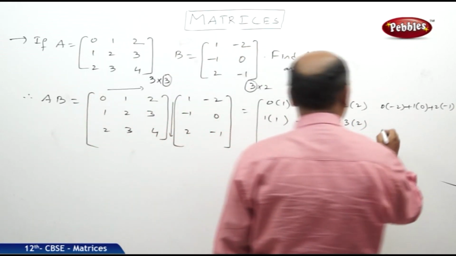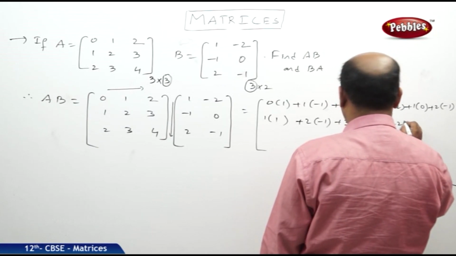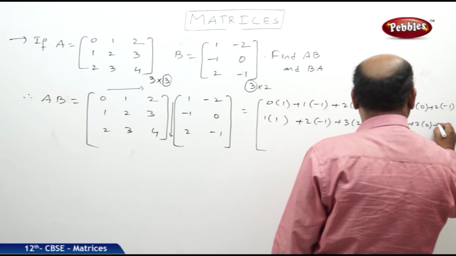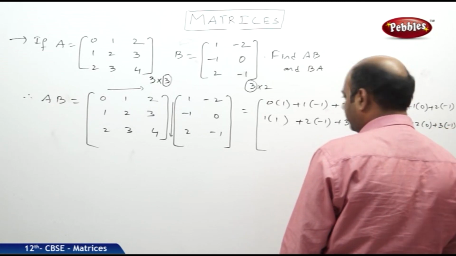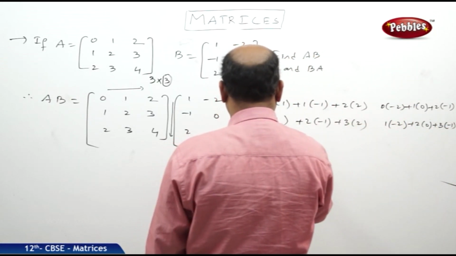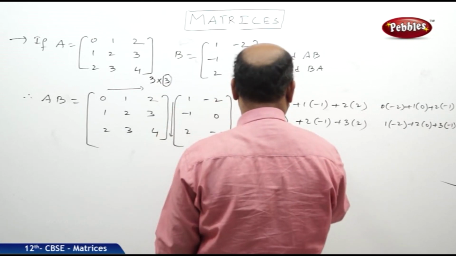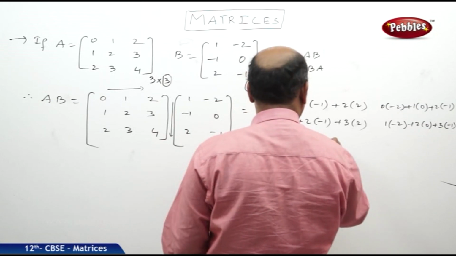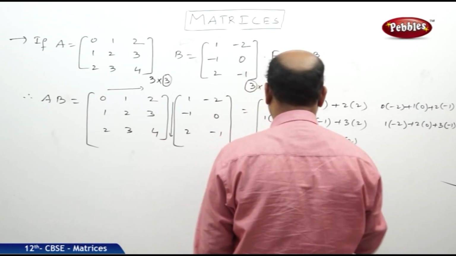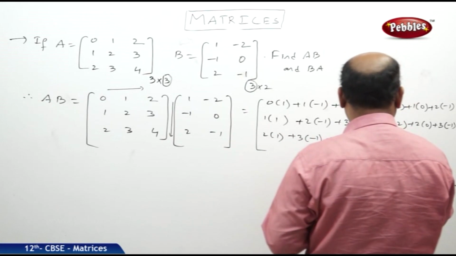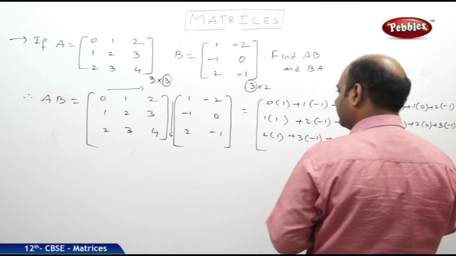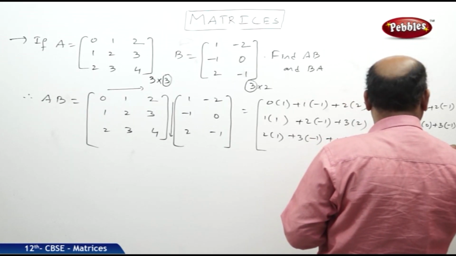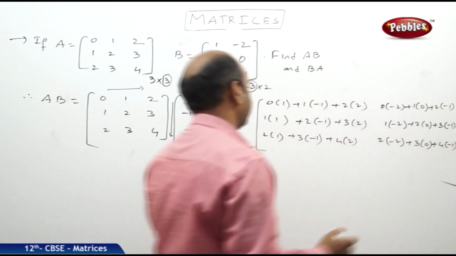Similarly, 1 into minus 2 plus 2 into 0 plus 3 into minus 1. Later, 2 into 1 plus 3 into minus 1 plus 4 into 2. Here also 2 into minus 2 plus 3 into 0 plus 4 into minus 1.